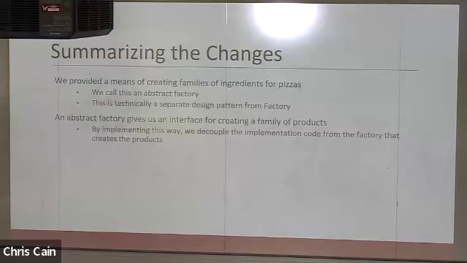Now we can extend different families of ingredients that's separate from the types of pizza. Before, these families of ingredients were coupled to the pizza types, and now they are decoupled. We can mix and match those. We can modify one without modifying the other. That's very useful for extendability.